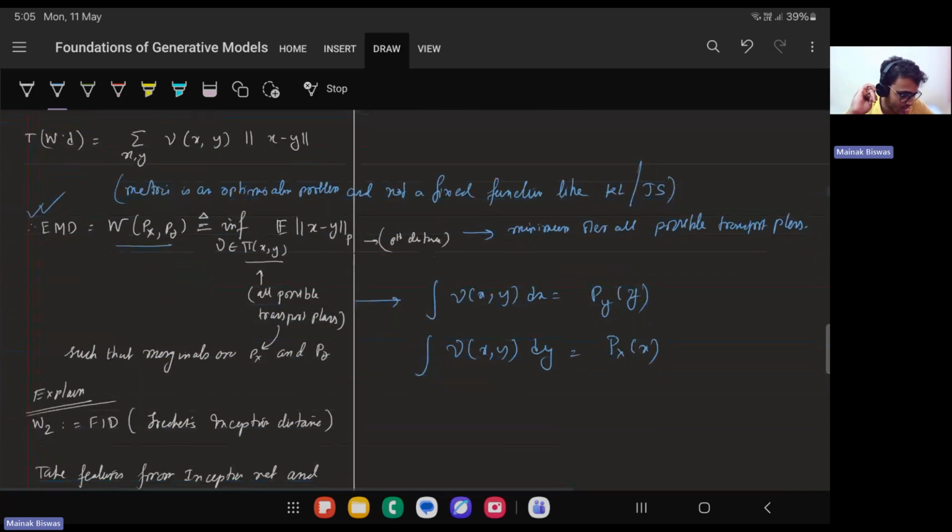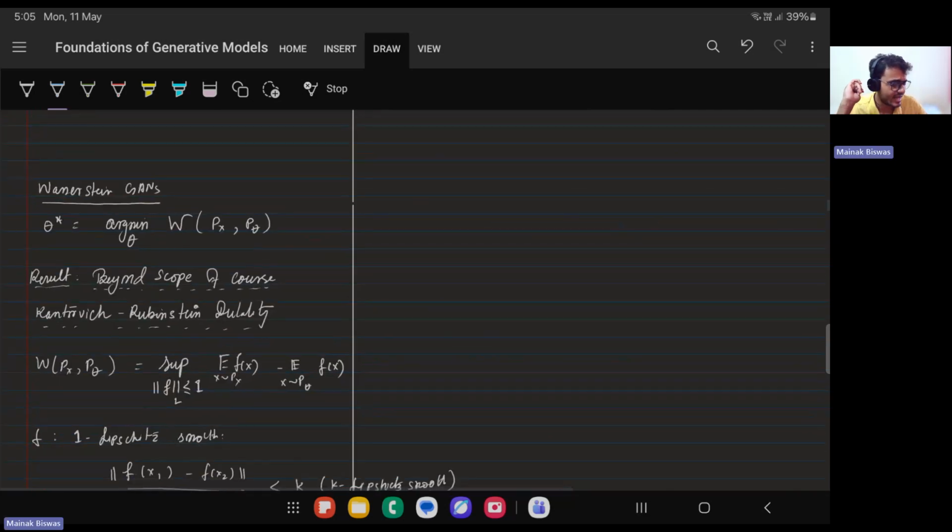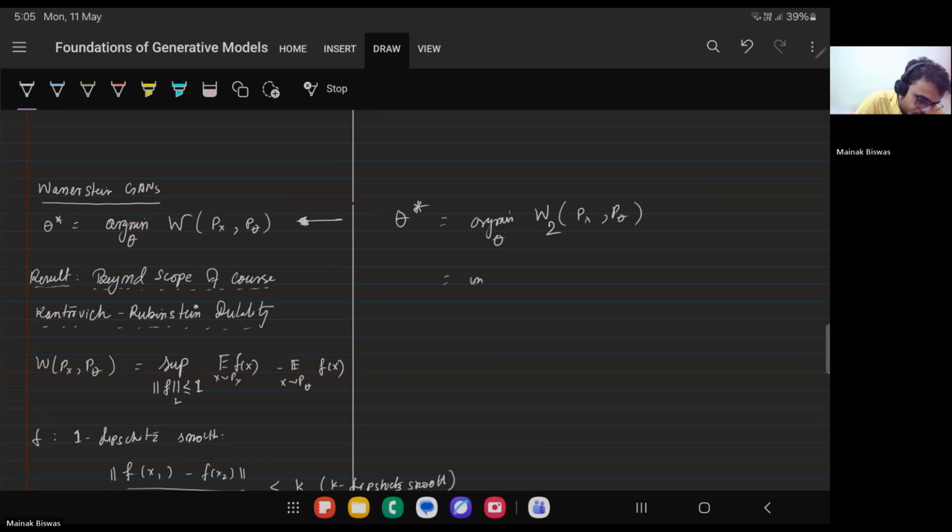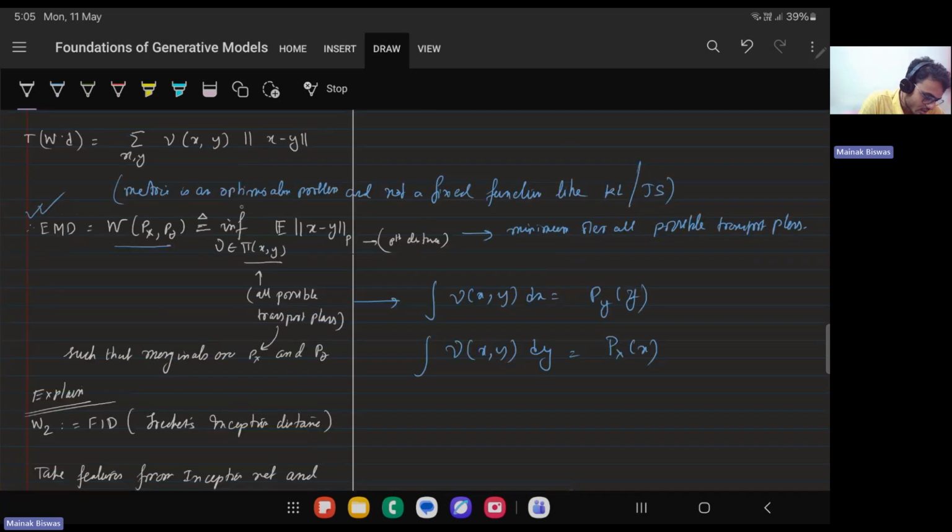So that is fine. So now in Wasserstein GANs, what I will do is I will have this generator, which will minimize the distance, argmin over theta, say W2 of Px and P theta. Once I do that, I can write the loss function as L of theta as minimum over theta and minimum over, so this is how we have defined the infimum over all possible transport functions, right?